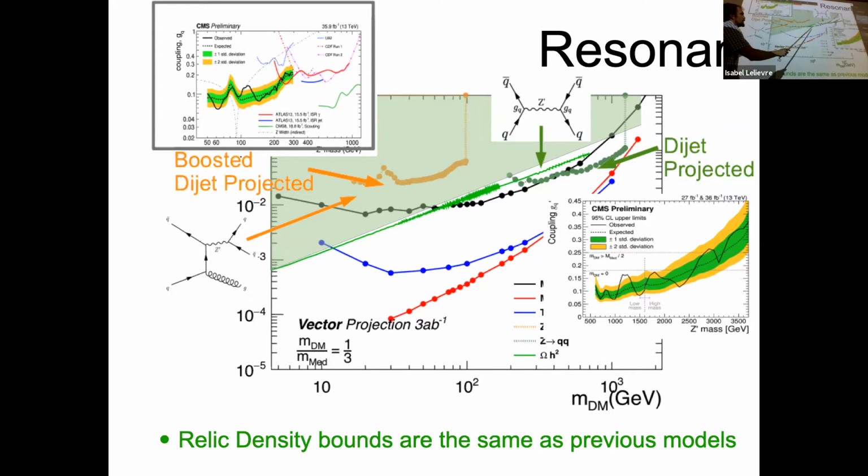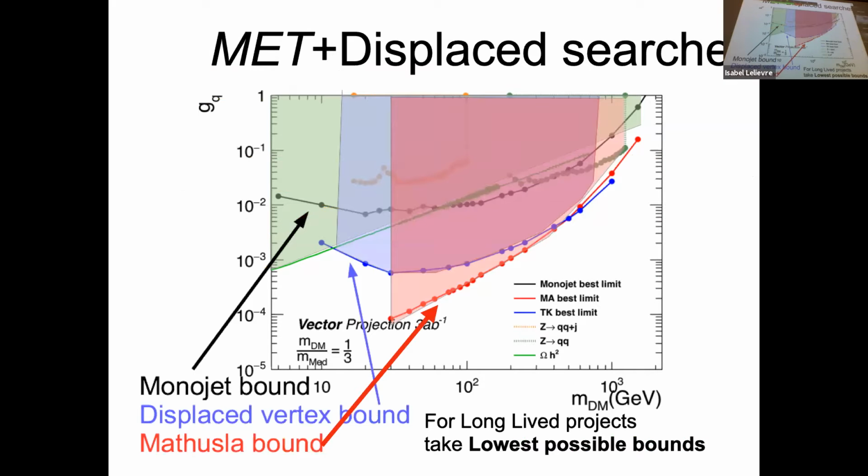The black is the monojet analysis projected out to the full data set. And then you can also take these other bounds. The red here is the Methuselah experiment, and you can see you can get down to a coupling of 10 to the -4, well below your minimum coupling line, and down to masses on the order of 10 GeV for dark matter.